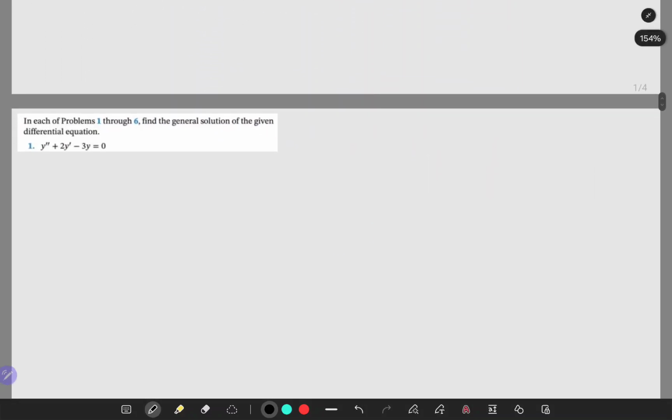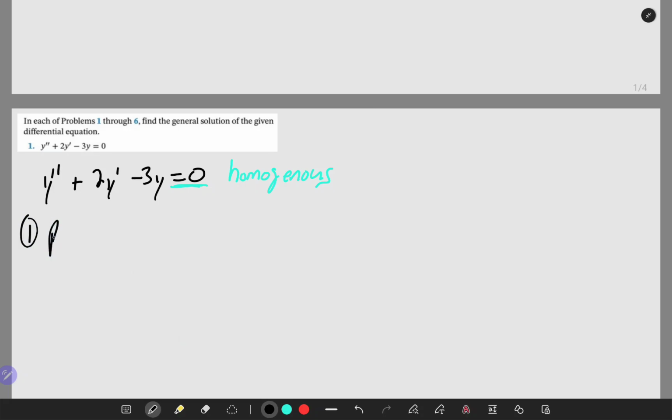So as you can see, we're given this second order equation, and that's homogeneous. For this problem, we're going to propose. So step 1, propose x is equal to e to the rt. So then x prime is r e to the rt. x double prime is r squared e to the rt.